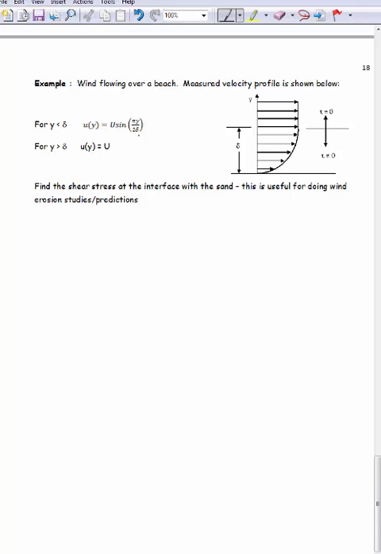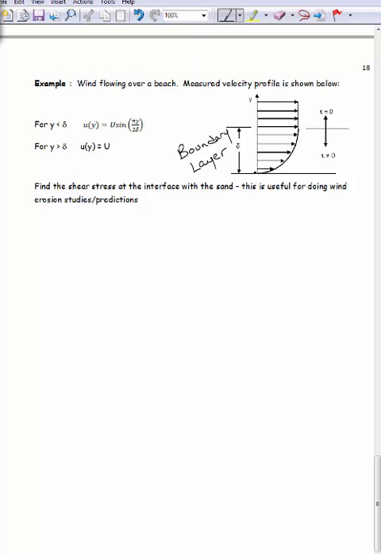This delta is actually our boundary layer. Outside of the boundary layer, the velocity is not changing, it's all just U, the wind velocity. The reason it's 0 at the wall is because of that no slip condition.